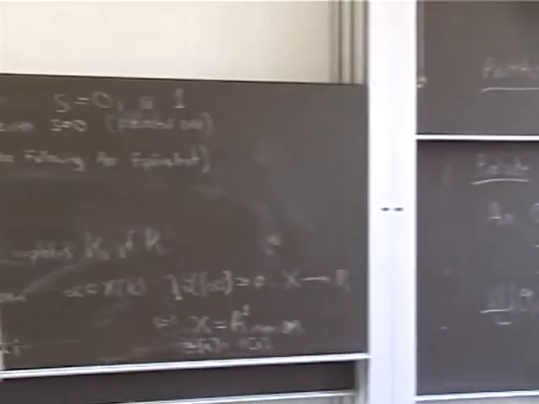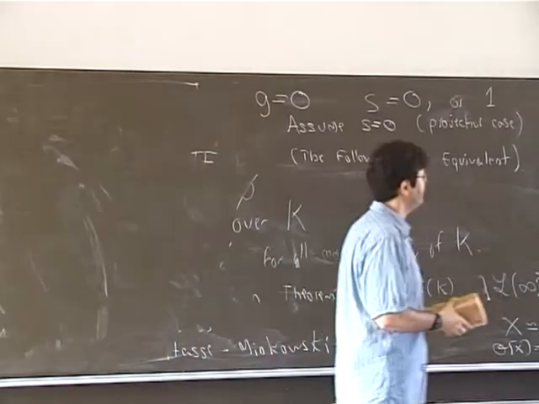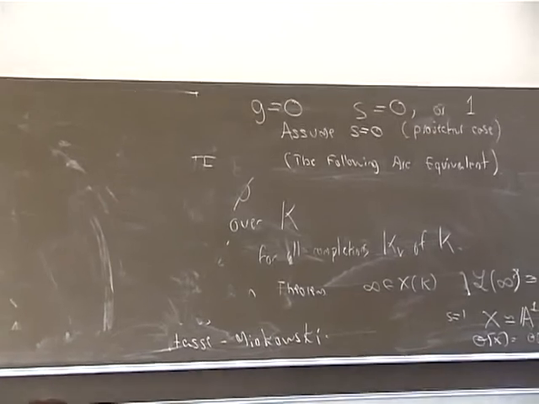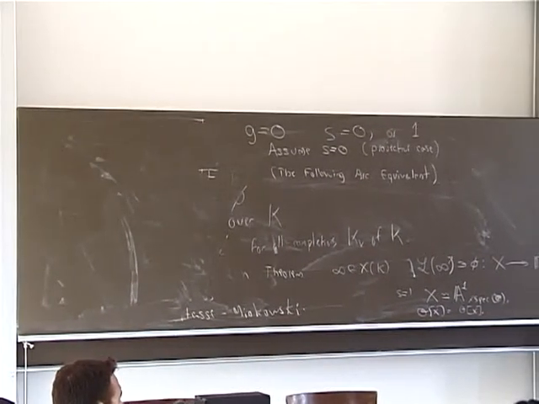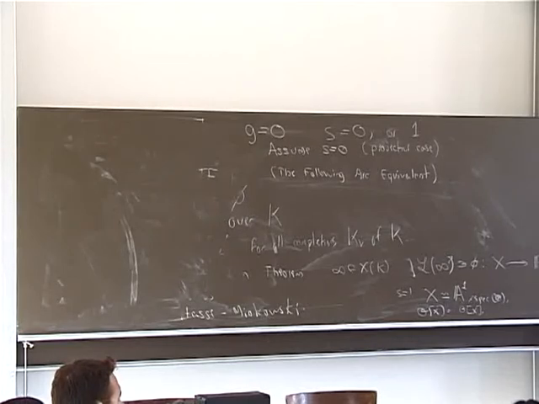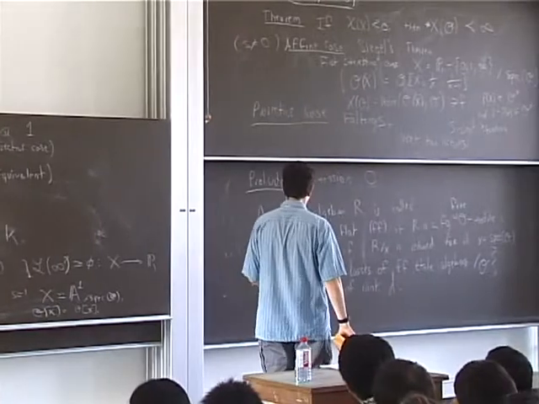You can think of these as the collection of the zero-dimensional schemes which in the generic fiber have D points, but are smooth over spec O. Okay, so that's the geometric picture you can have in mind.